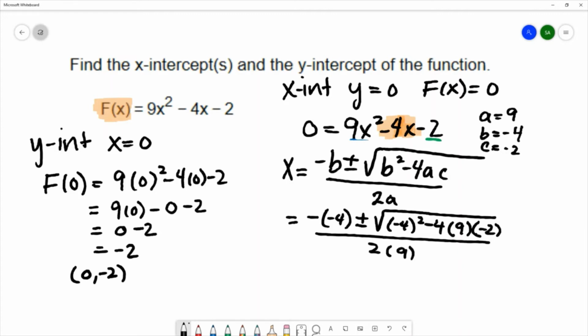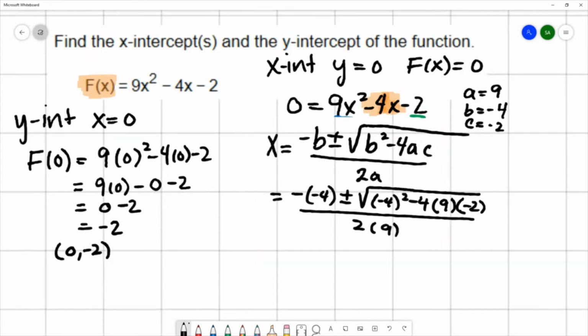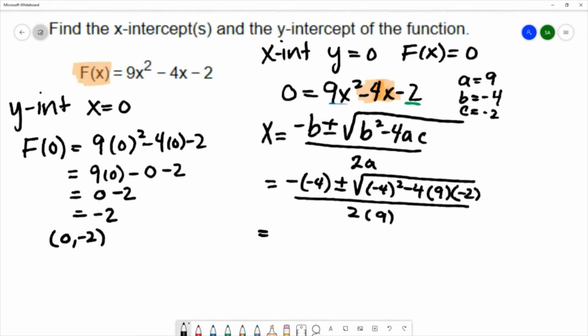Then I'll begin to simplify this using order of operations. So negative negative is positive. Negative 4 squared is a positive 16. And then I have 4 times 2, which is 8, times 9, that's 72, all over 18.